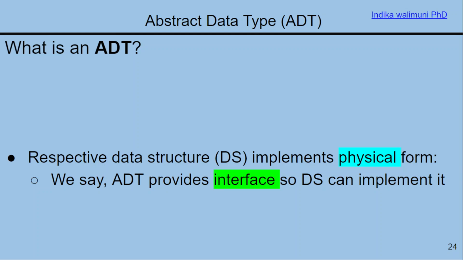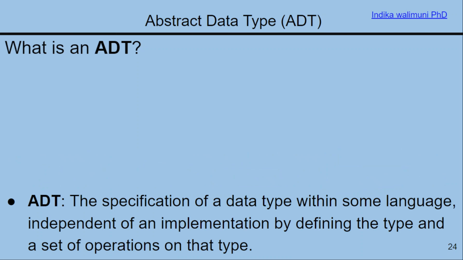So we say basically the ADT provides the interface so that the data structure can implement it. All right. So the definition of an ADT is basically the specification of a data type within some language, independent of an implementation, by defining the type and the set of operations on that type.